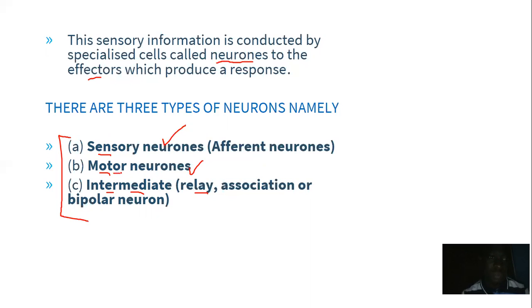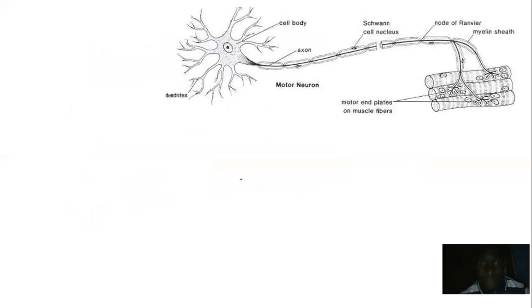We study them as motor if they are going to transfer information from the central nervous system to the effector organs for the appropriate response. And then the intermediate will be found inside the brain or the central nervous system, whereby it's going to transfer information from the sensory neuron to the motor neuron. So let us understand one by one.